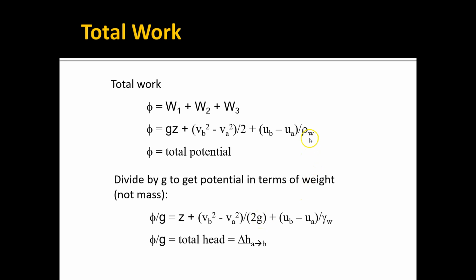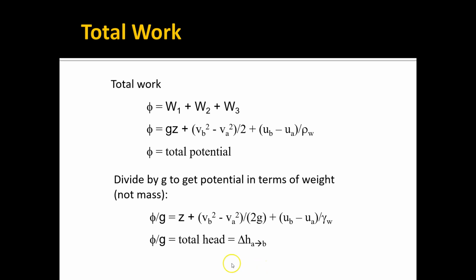And then dividing this by gravity, the density times gravity is equal to the unit weight. So this converts from density unit to unit weight unit. Again, density is mass per volume and unit weight is force or weight per volume.